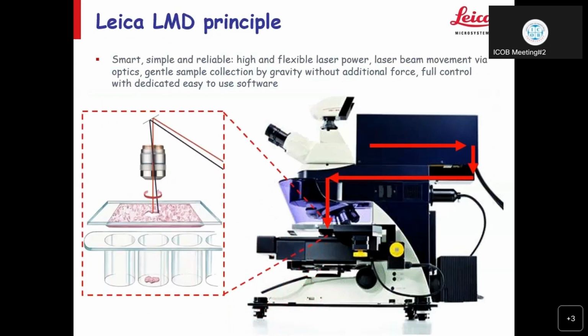The sample is cut out by the laser beam that is steered by prisms along the defined line. It is collected by gravity without any additional force into a collection vessel of your choice, directly positioned below the slide.